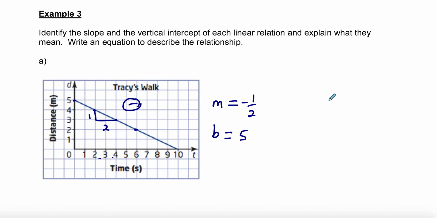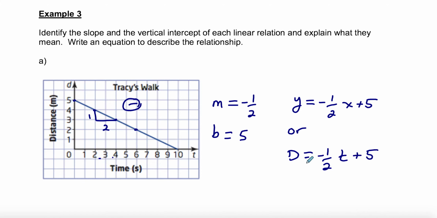So if we're going to write an equation for that, we could do y equals -1/2 x plus 5, just like we've been doing. We could also say something like d equals, if this is distance, so it doesn't matter to me, but distance equals -1/2 t, because this is time, plus 5. So the variables you'll see sometimes are replaced with letters that make more sense to this equation.